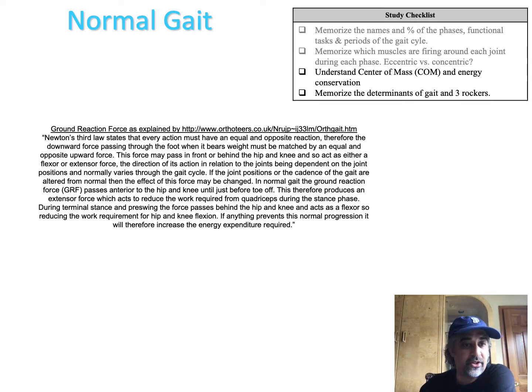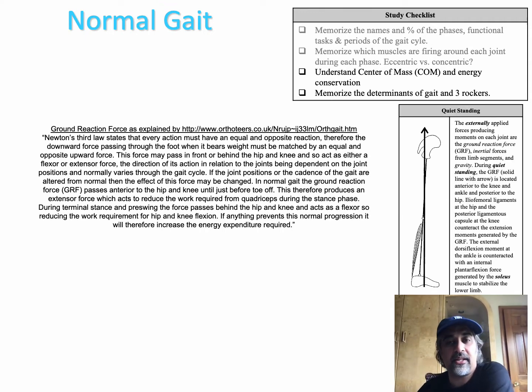So the ground reaction force is basically the force of the weight of the object on the ground being pushed back by the ground upward. This is a topic that usually I have to spend a long time discussing when people really want to get in depth. I've given you a definition here.